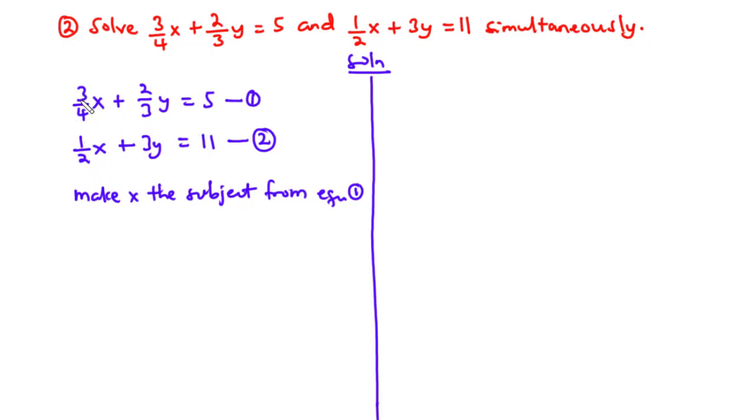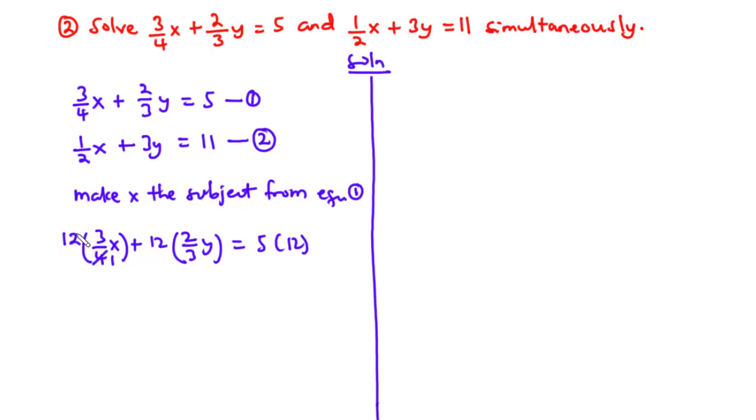We have 3 over 4 and then 2 over 3. Now the LCM between 4 and 3 is 12. So we are going to multiply each of the terms by 12. So we have 12 times 3 over 4 x plus 12 times 2 over 3 y equals 5 times 12.